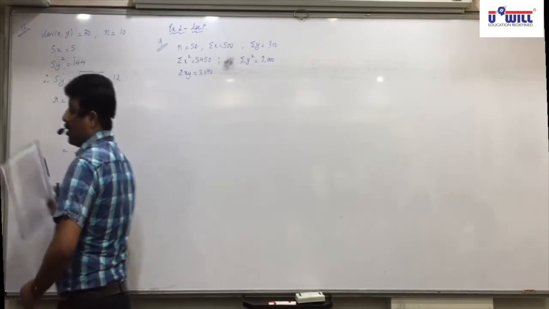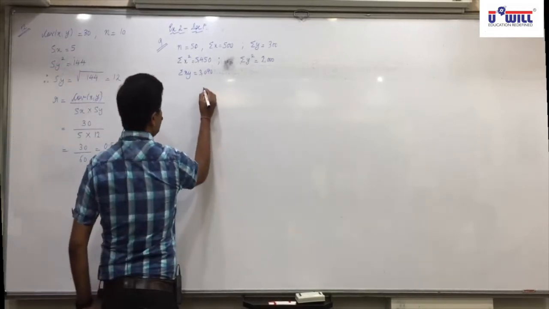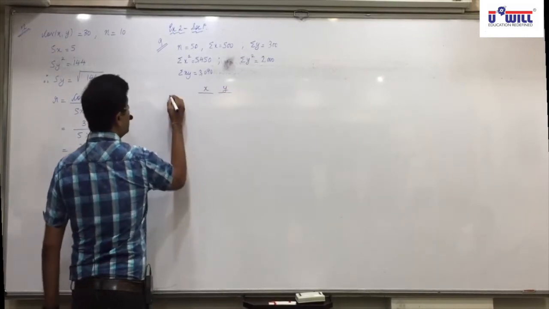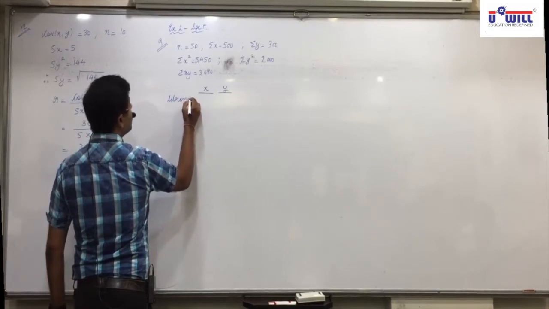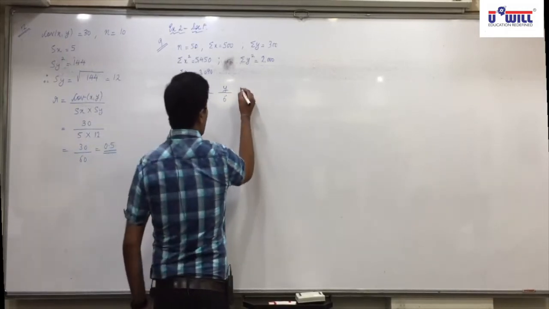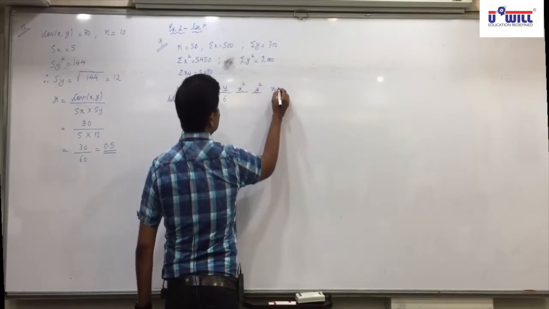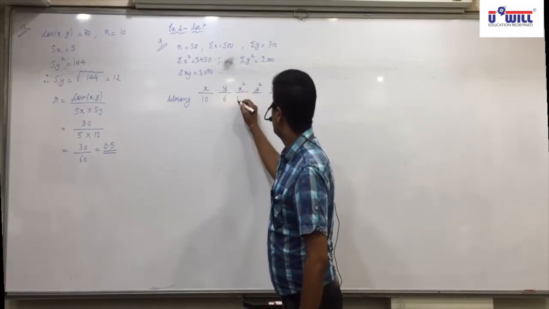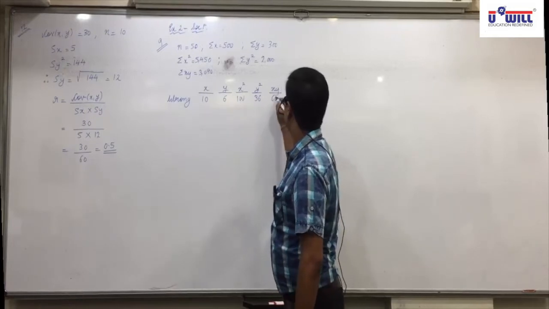Now see, the things will become simple when you write this one table, x and y. What is the wrong value included by mistake? 10 and 6. Now what workings we used to make x square, y square, xy? What will be x square? 100. Y square, 36. xy, 60.